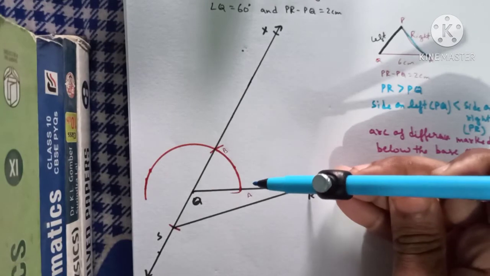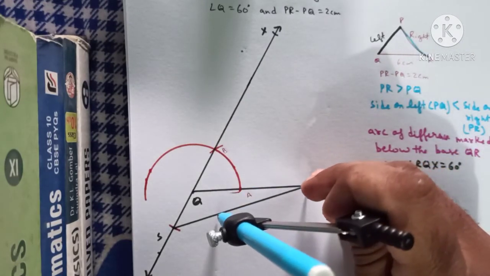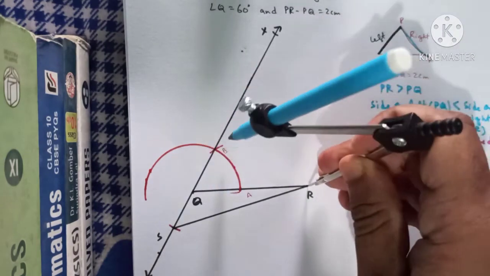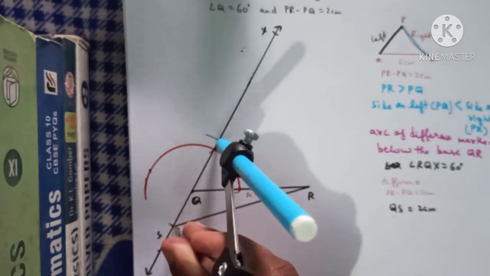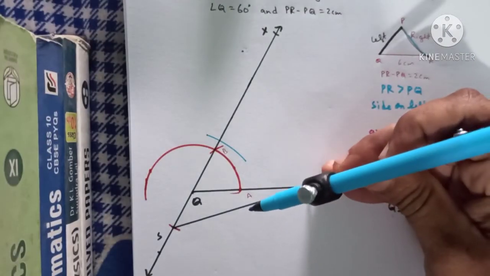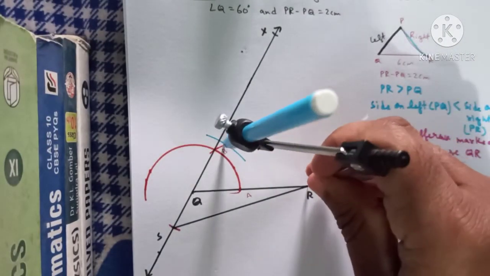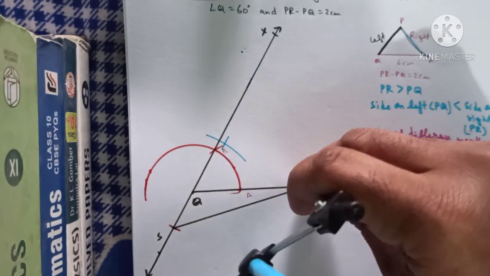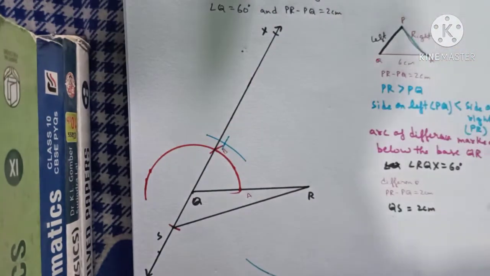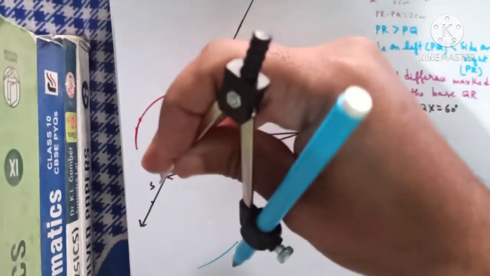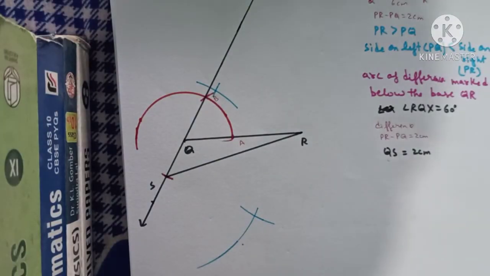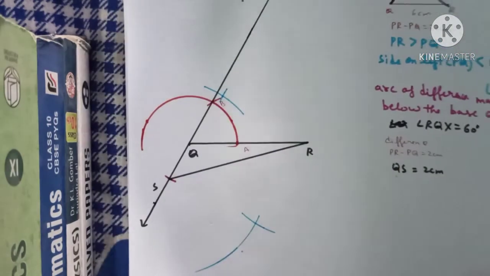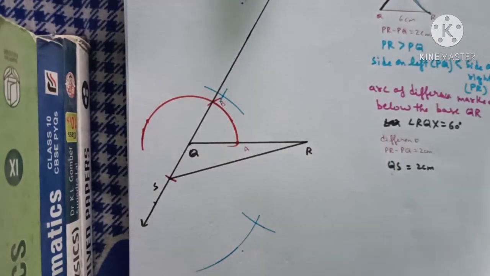With center S, taking radius more than half of SR, we will draw an arc on both sides of SR. And with R as the center, again with the same radius, we will draw arcs on both sides, extending them so that we get the points of intersection of the two arcs.